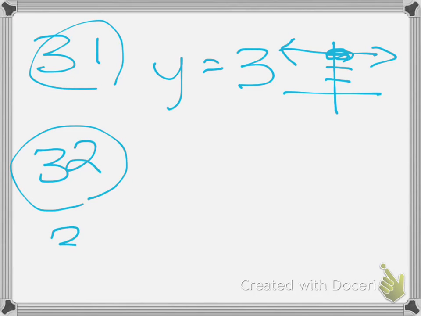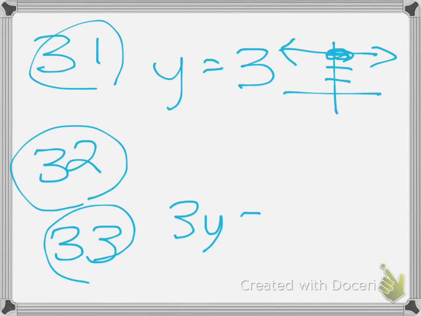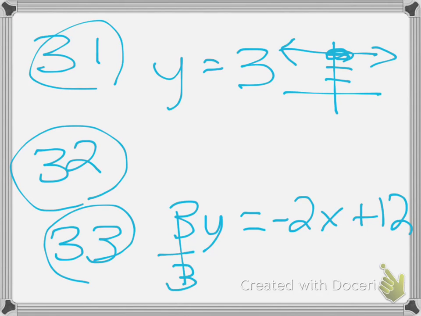Number 33, you want to solve for y. So 3y is equal to negative 2x plus 12. Just remember when you divide by 3 here, on the one side, you have to divide on the other side, both places. Okay? I'm not going to finish number 33 because it's just like number 29 now.